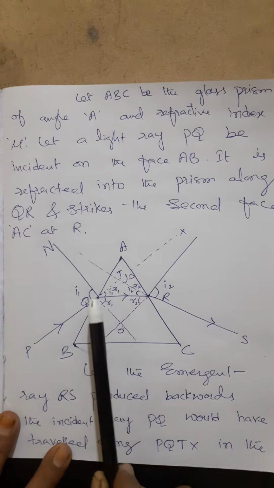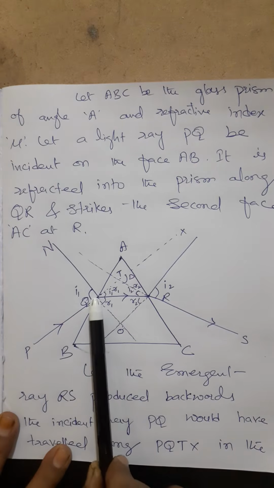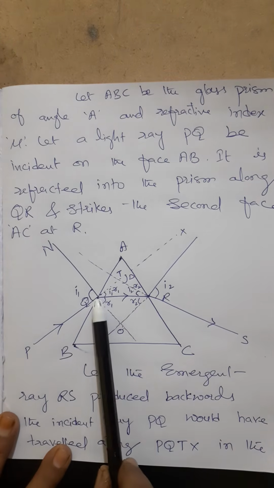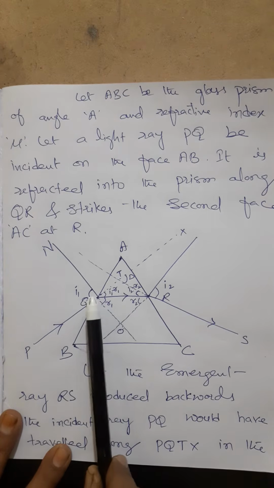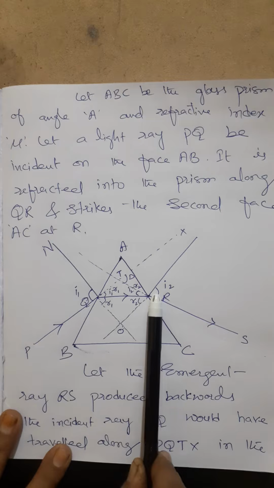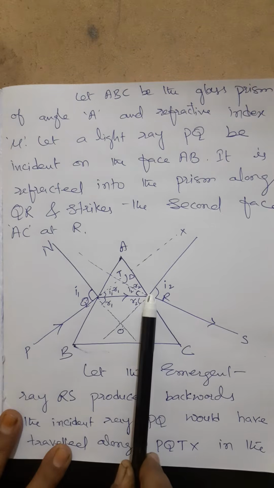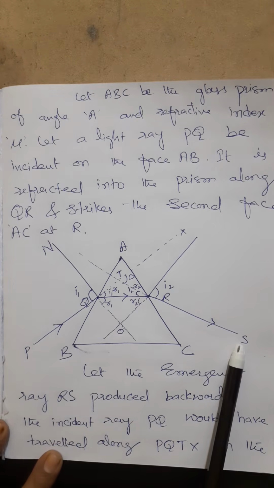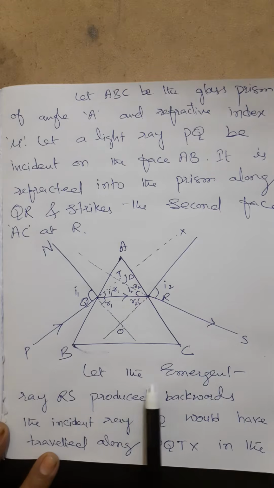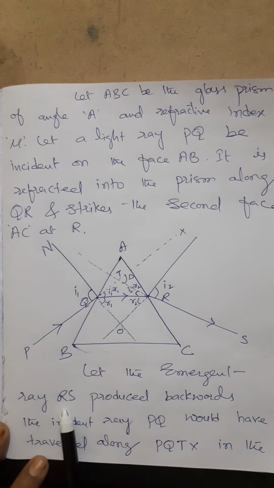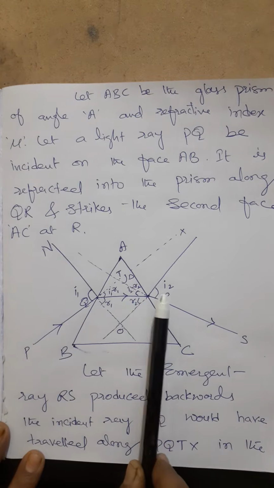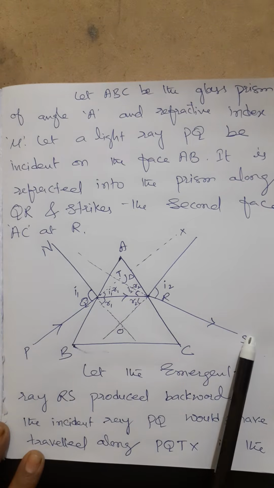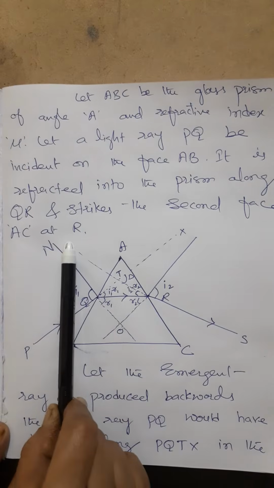So the refracted part goes as QR and emerges out as RS. Now here we have to consider the emergent ray RS produced in the backward direction.